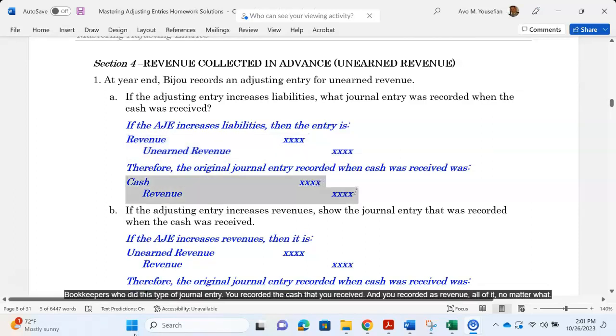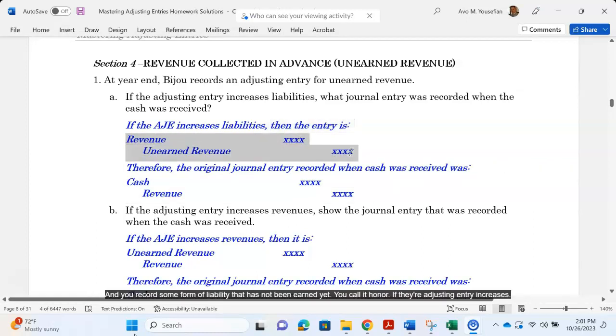You recorded the cash that you received and you recorded as revenue, all of it, no matter what. If you are one of those bookkeepers, then at the adjusting moment, at the end of the year, you will reduce the revenue as much as necessary, and you record some form of liability that has not been earned yet. We call it unearned revenue.